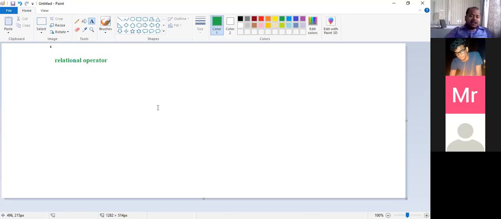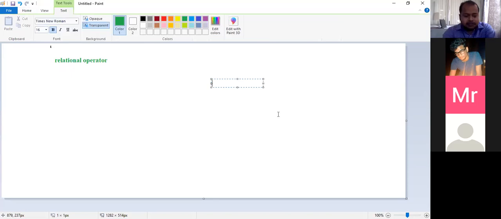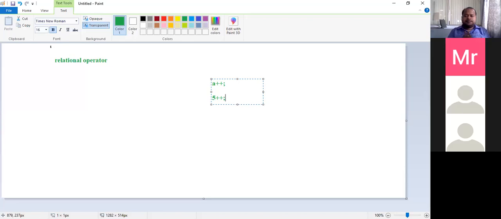Now another thing I forgot to say in case of the increment decrement operator. If you remember, we are able to write a plus plus, there is no problem with it. Now can we write 5 plus plus? No, sir. We can't, because if we could write 5 plus plus, that would mean 5 equals 6.